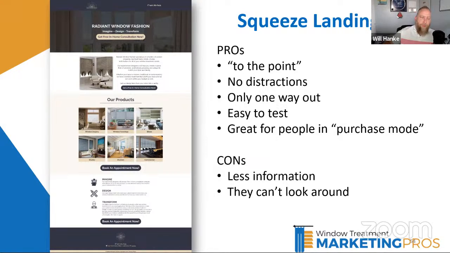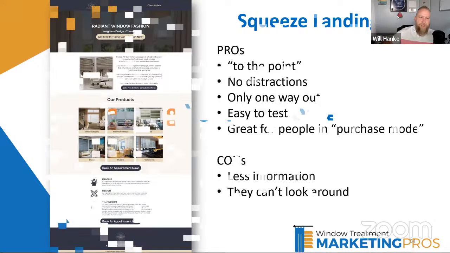You can't do that with a website where you can't just change a button in the middle of it. Great for people in purchase mode. Cons is that there is less information. They can't look around, but I don't necessarily feel like those are bad things. Obviously, I am biased towards the landing page. When it comes to money being spent to get leads, it makes more sense to go that route.